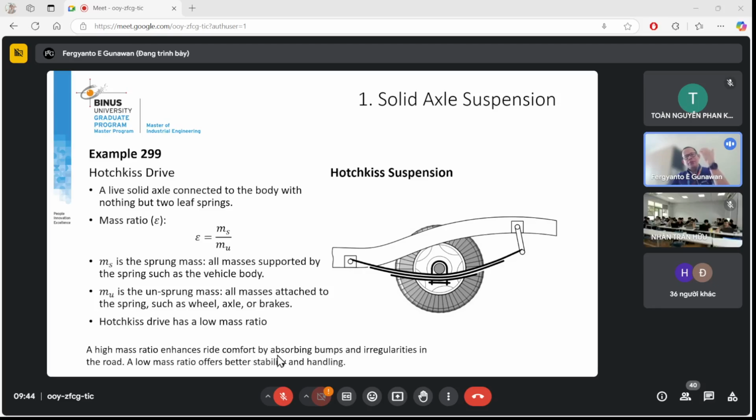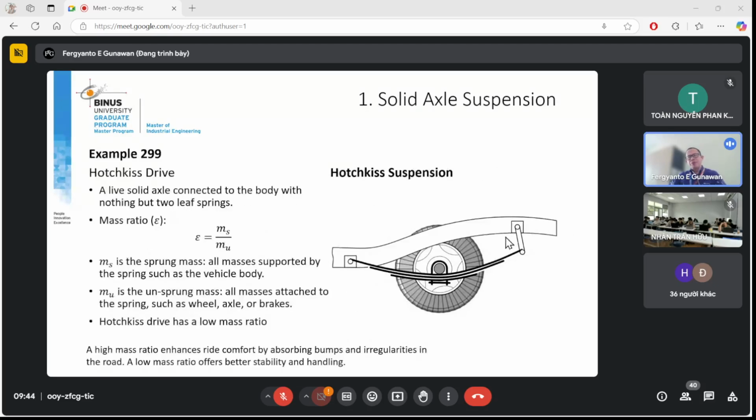We can improve the comfort level. But the vehicle may be rather difficult to control, or stability is hard. Okay, so if the unsprung mass is heavy, then the stability is better in terms of driving stability, right?